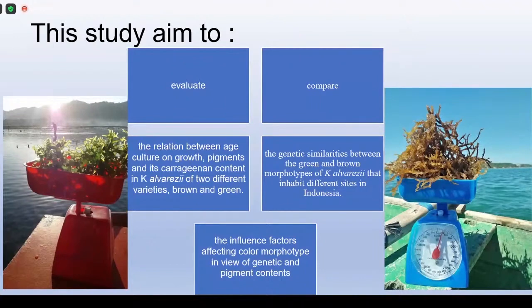We also compare the genetic similarity between the green and brown morphotypes of Kappaphycus alvarezii that inhabit different sites in Indonesia. The influencing factors affecting color morphotypes in view of genetic and pigment content can be obtained.